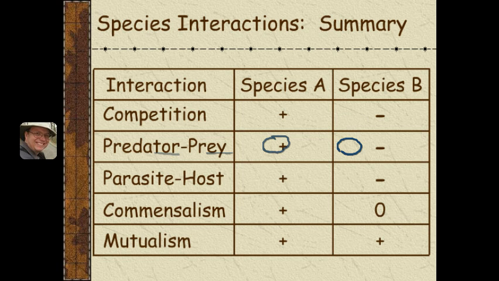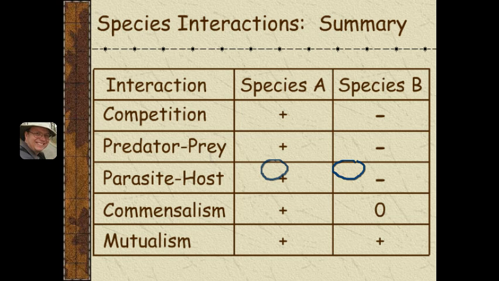Then we get into what are referred to as the symbiotic relationships, and the first one of those is the parasite-host relationship, kind of the equivalent of predator-prey, except it's not in the parasite's interest to kill its host. And so the parasite generally benefits. The host, on the other hand, not so much.